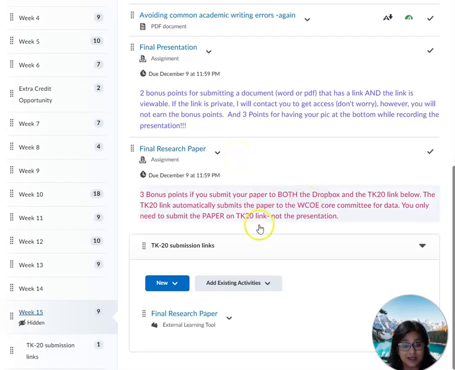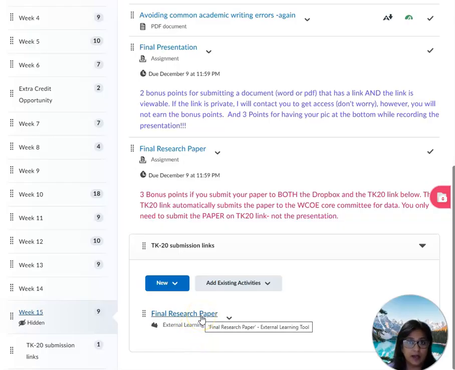The reason this is done is because this is collected as the core committee data and is required by the West College of Education. For your grade to be released, you will have to upload it. But if you don't upload it by the 9th in the TK20 link, then you do not get the bonus points. Your grade will not be released and it would be an incomplete till your paper is submitted to the TK20 link.